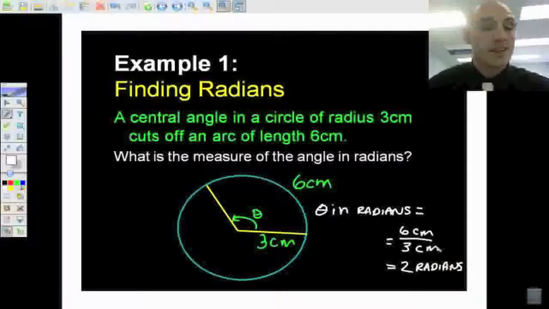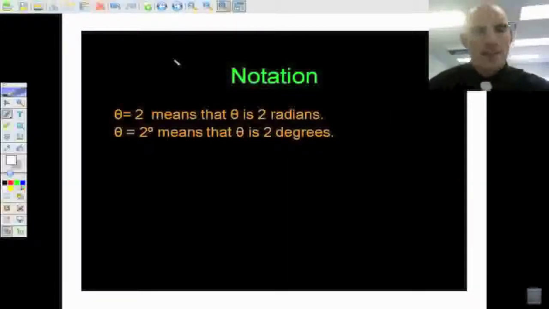So that's how it works. That's as simple as it is. When we explore the notation of this, theta equals 2 means it's 2 radians. Theta equals 2 with a degree sign means it's 2 degrees. There's a very important distinction that needs to be made there as far as what the notation says.